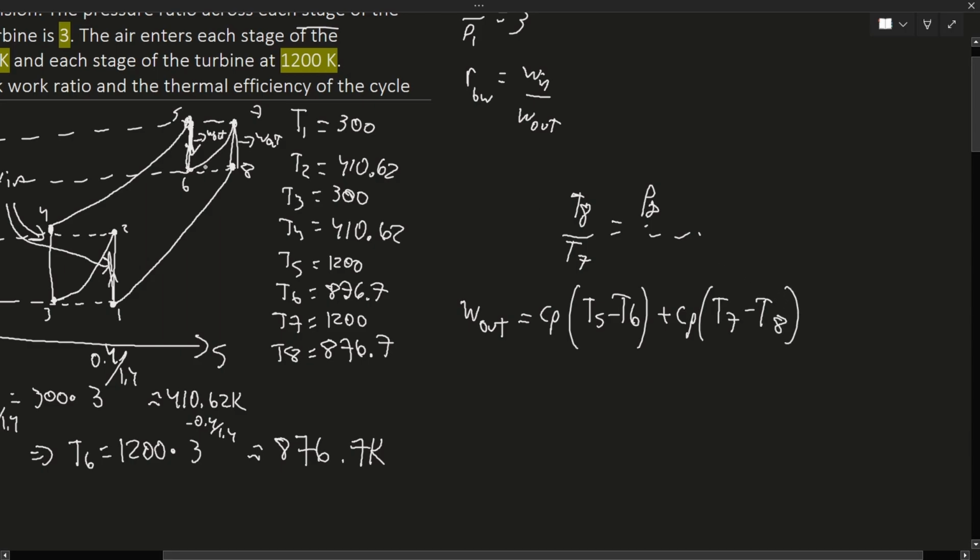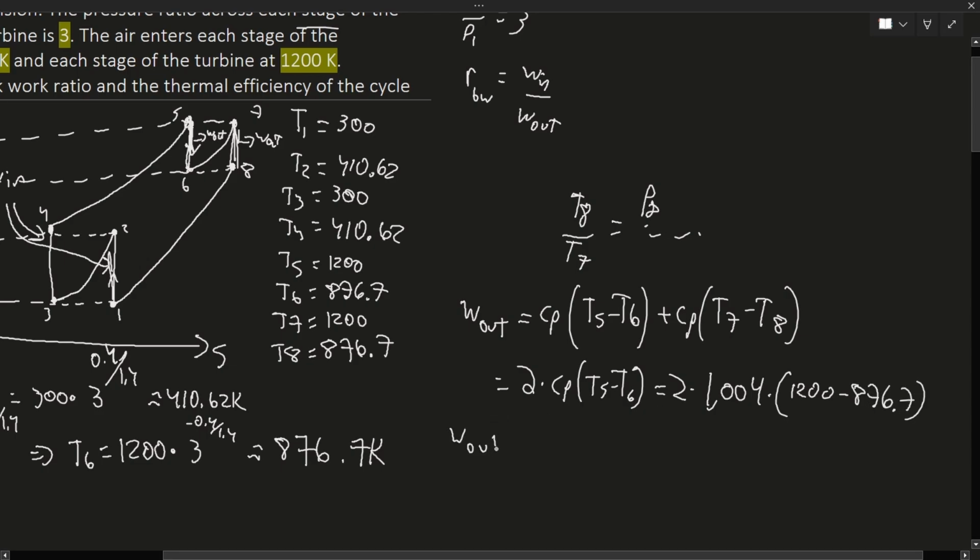Since these are the exact same lines over here, I'm just going to multiply by 2. 2 times 1.004 times 1200 negative 876.7. The work being done by the system is about 449.2 kilojoules per kilogram.